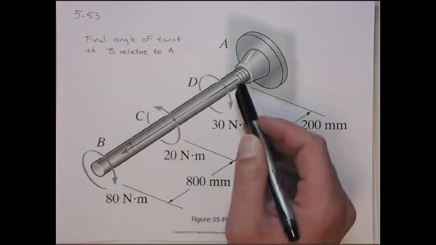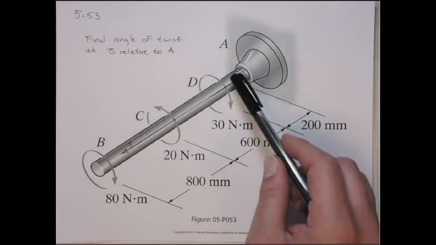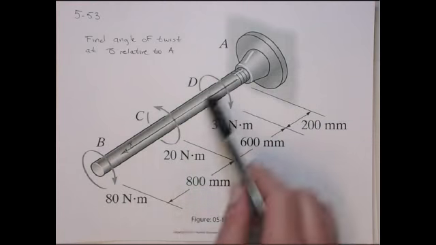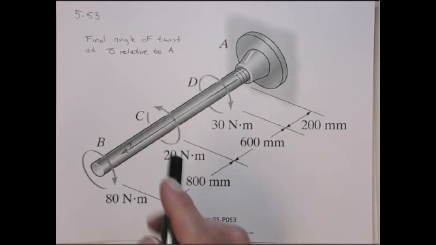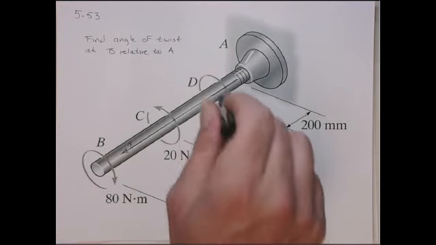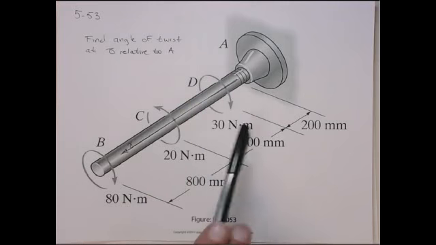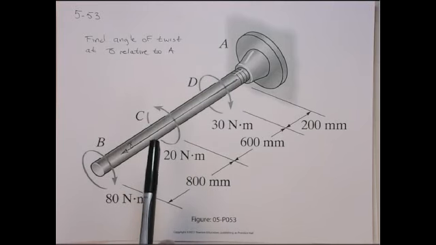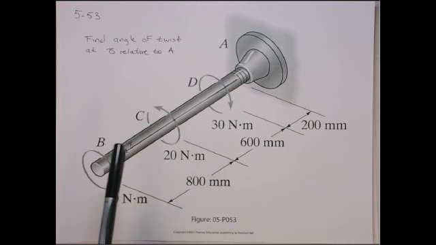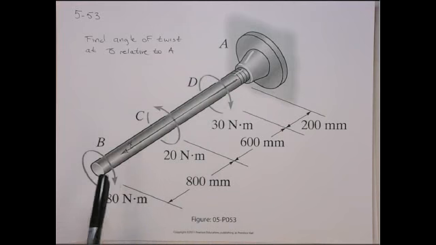First, just to show how we deal with the sign conventions, let's define an x-axis pointing down. Around the x-axis, D is actually a negative torque, minus 30 in the x direction. C is a positive torque around the x-axis, so it's plus 20, and B is minus 80 newton meters.